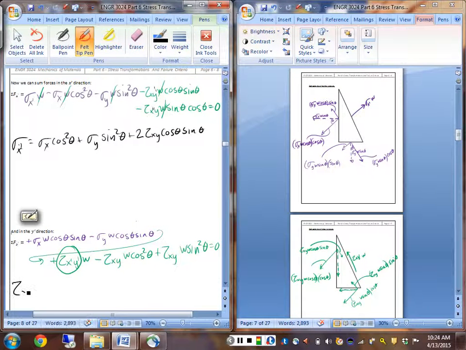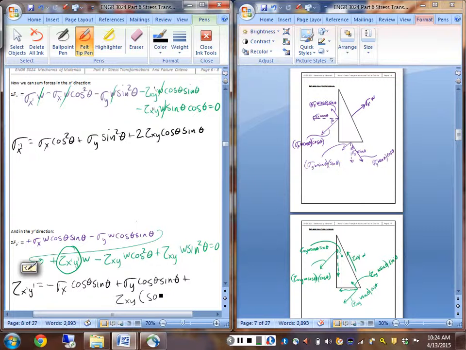So tau x prime y prime is minus sigma x cosine sine plus sigma y cosine sine plus tau xy times cosine squared minus sine squared equals 0? No, wait. All of this equals 0. That doesn't equal 0.